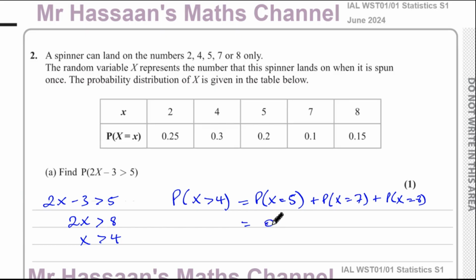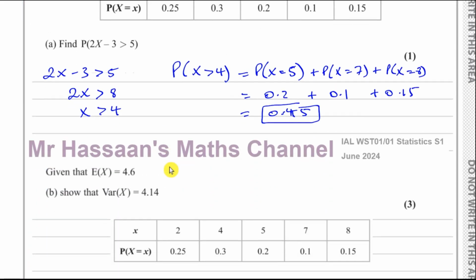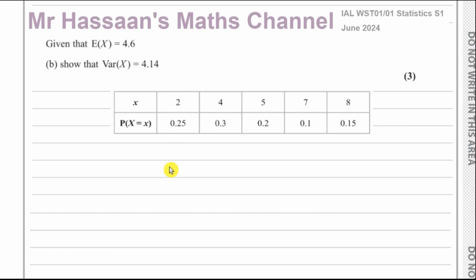So that's 0.2 plus 0.1 plus 0.15, which gives you 0.45. So there's the answer for part A. We could have also done 1 minus these two, 1 minus 0.55. It's not much of a difference. That's fine.